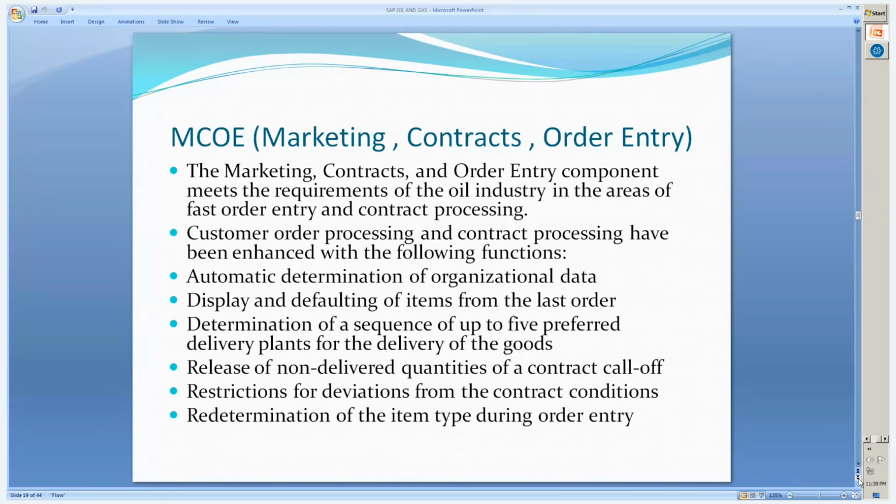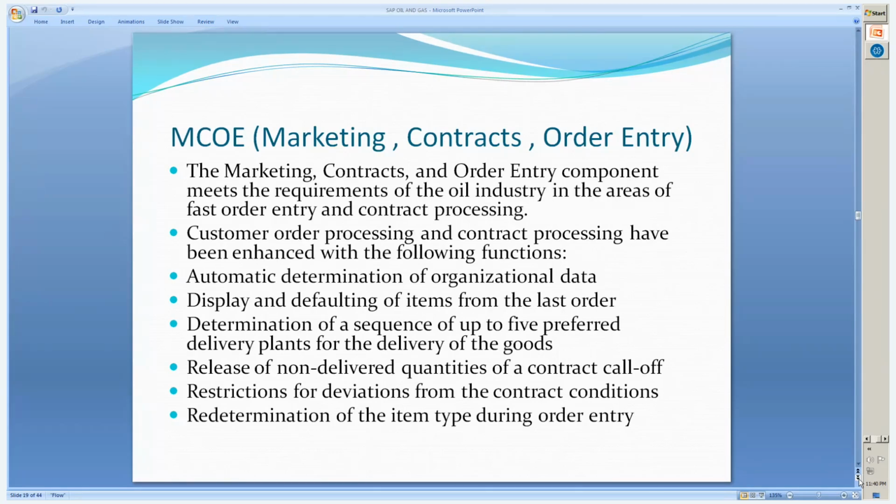Now, automatic determination of the delivery plant will also happen. In standard SAP, the automatic determination of the delivery plant happens based on the customer material info record, the customer record or the material master. But here, as a special case, you'll be able to set up determination from the 5 preferred delivery plants.